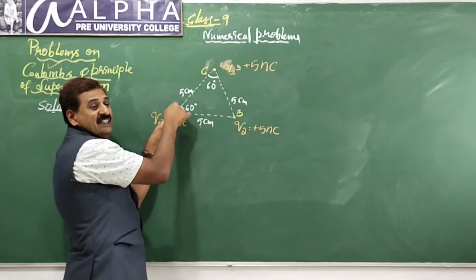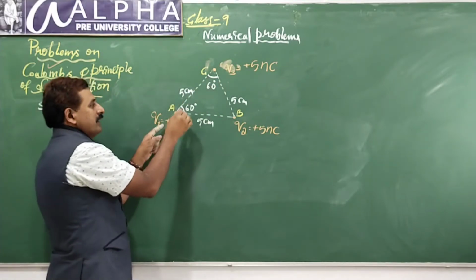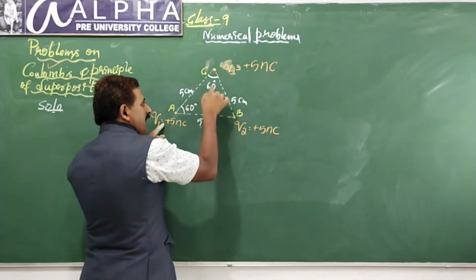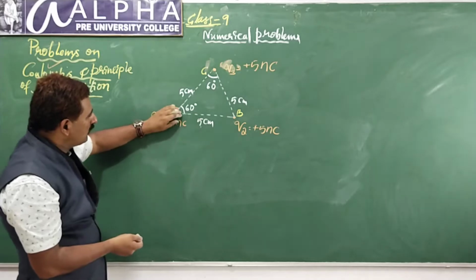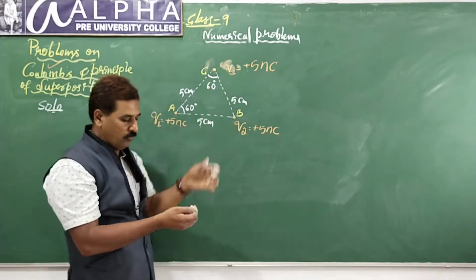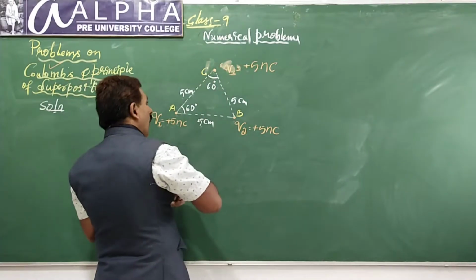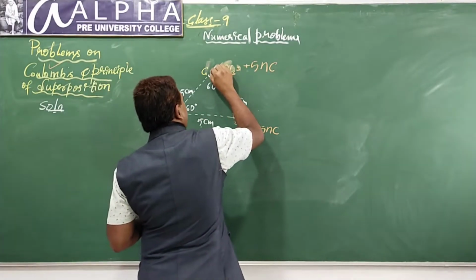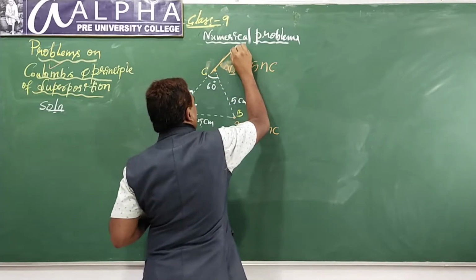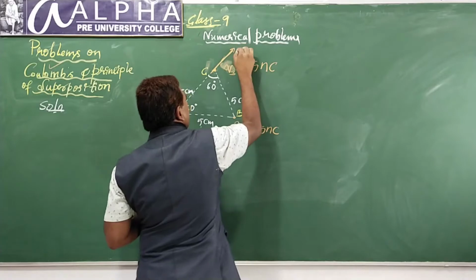Your distance R is AC. Since these 2 are positive, they repel each other. Repulsion means if I hold this and leave this, it tends to move away. How do you show? The direction away from here, extending the line AC. This is the force acting on the charge Q3.